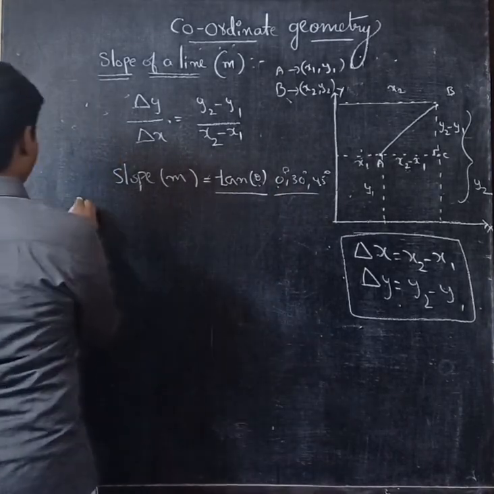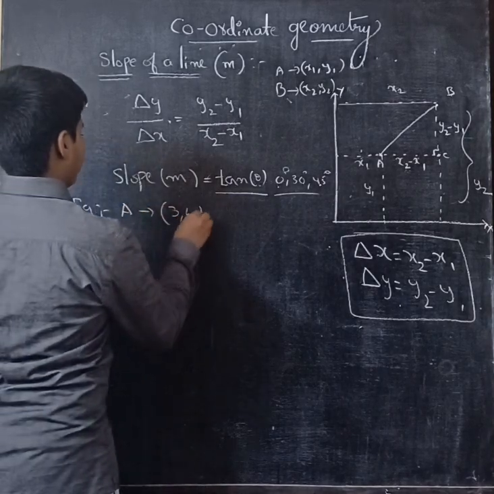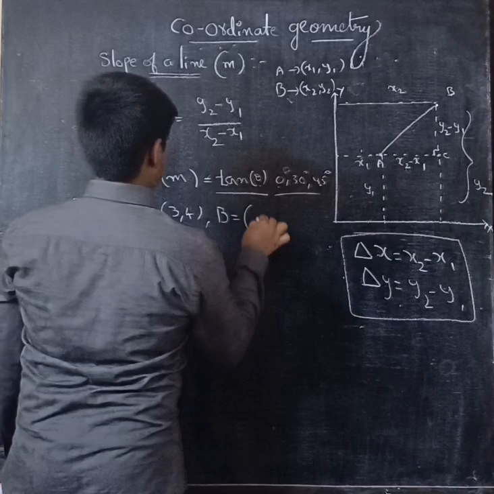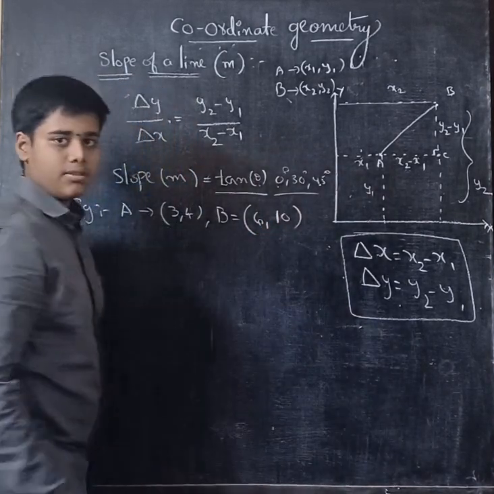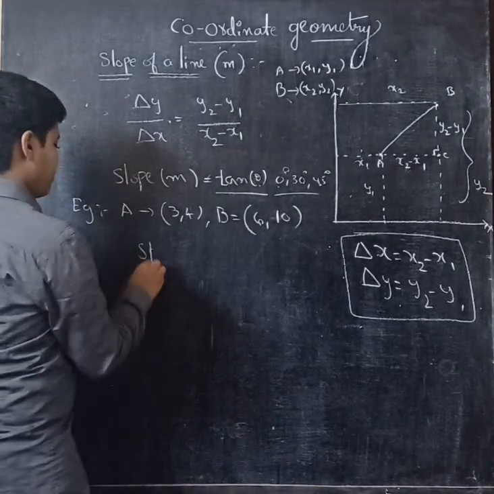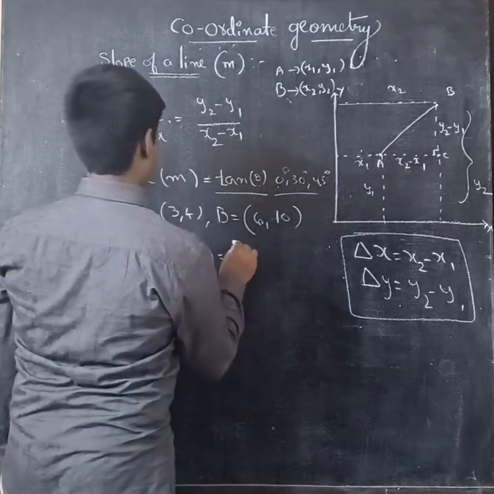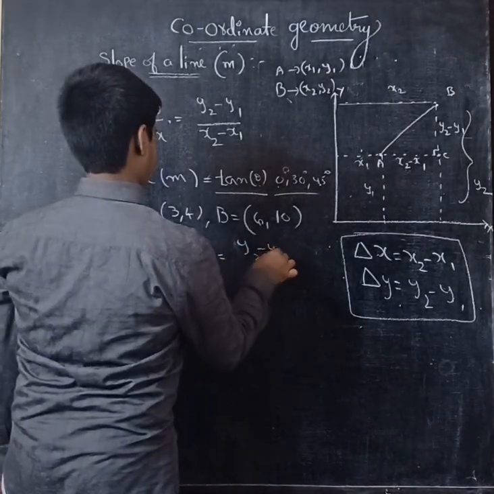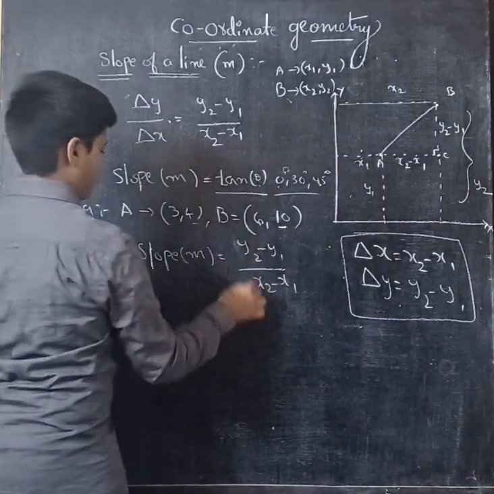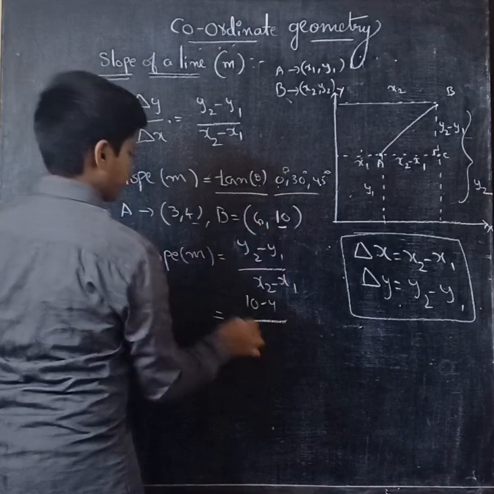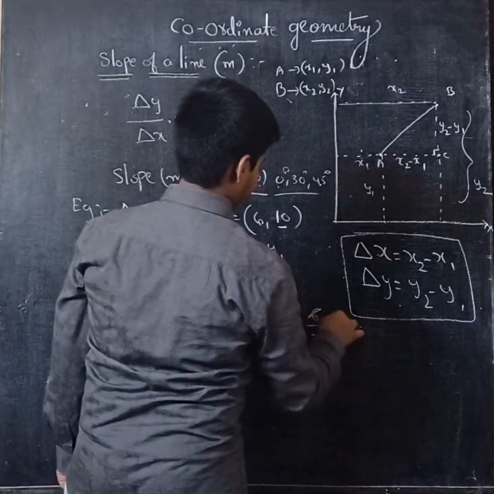If I take for example point A value 3, 4, point B value 6, 10. Okay, then the slope of this line m is equal to y2 minus y1 by x2 minus x1, which is 10 minus 4 by 6 minus 3, which is equal to 6 by 3, which is equal to 2.